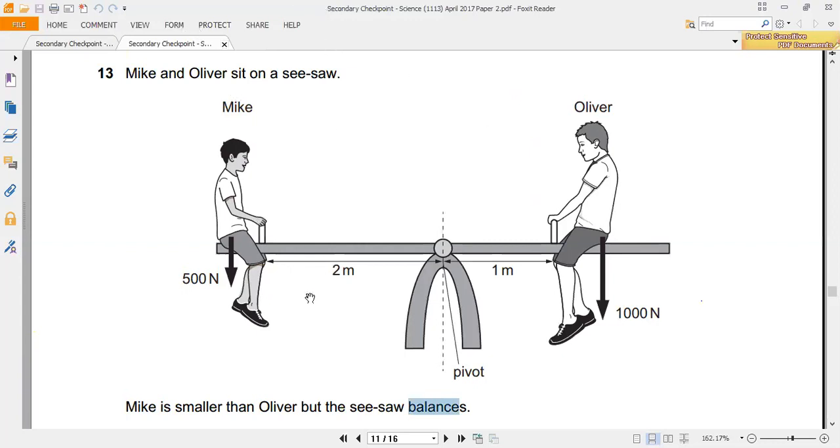Always remember that at balance, the moments are equal on both sides. So the moment in this case equals force.